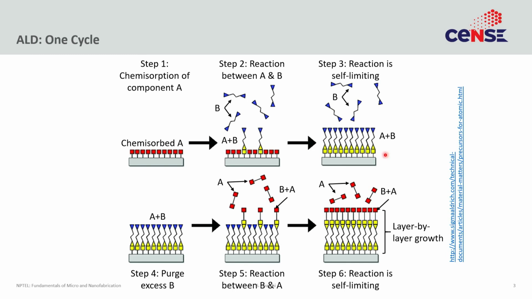So if you want to, for example, deposit aluminum oxide, then this would be the aluminum-oxygen. The B is also a self-limiting chemisorption. For the same reason that A proceeds to completion and does not get a second monolayer, B would not get a second monolayer. After that, you purge all the excess B out of your system.